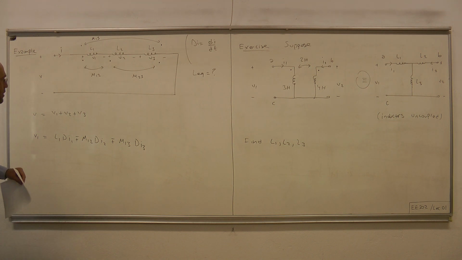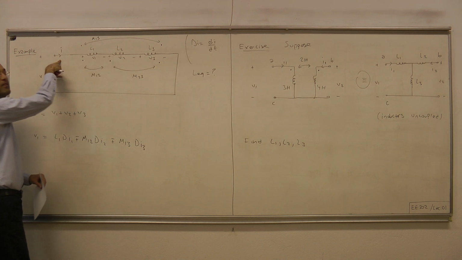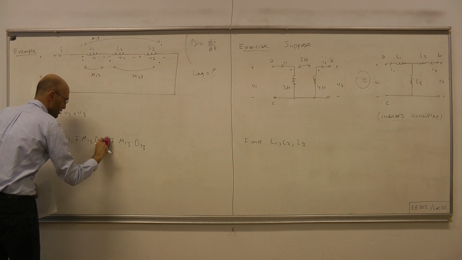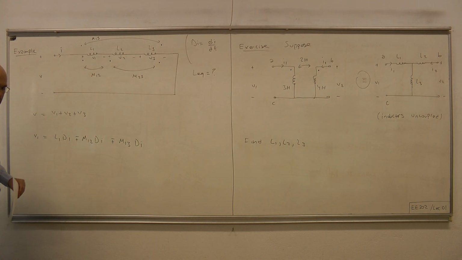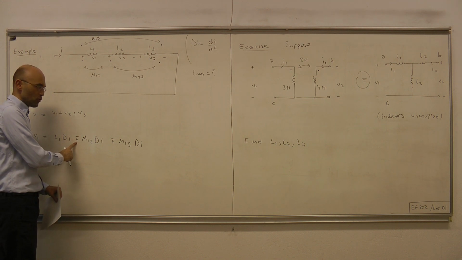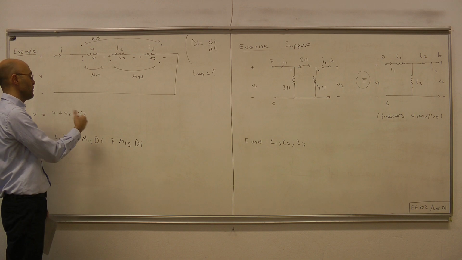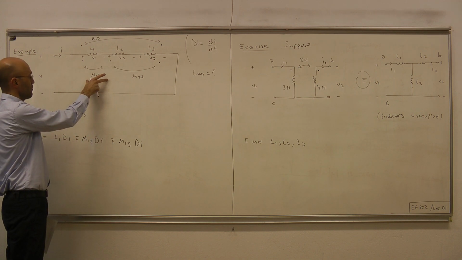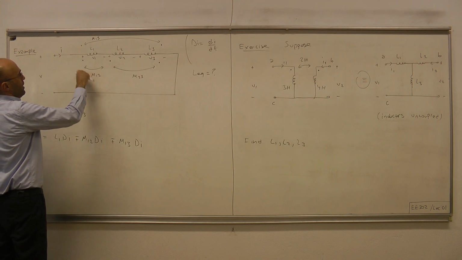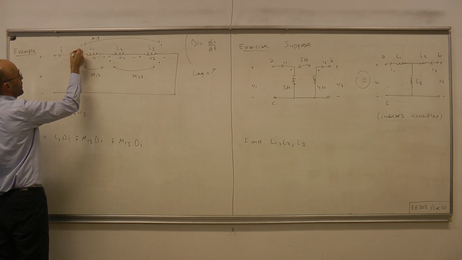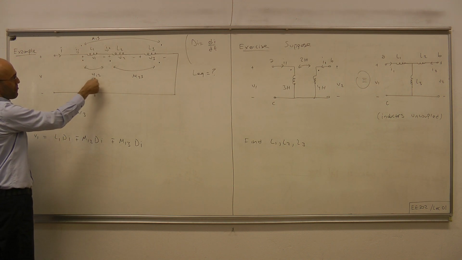By KCL, we said that all the currents I1, I2, I3 are equal to I, therefore we can get rid of these subscripts immediately. And then we have to determine whether this is plus or minus, and likewise whether this is plus or minus. For that, we have to look at the dots. To determine this sign, here we have I1 and I2.